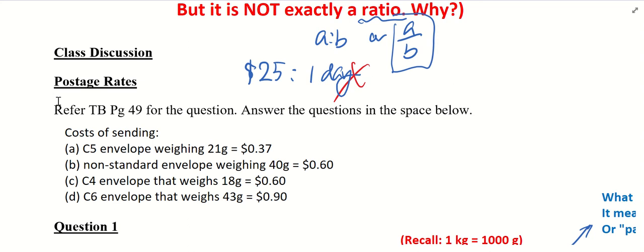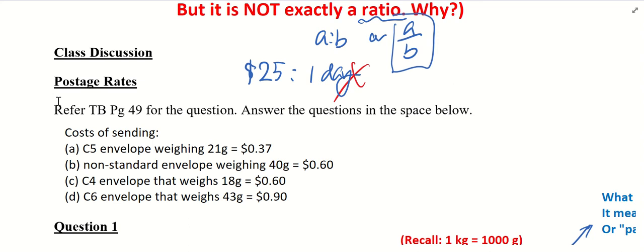Anything above 20 grams, such as 21, 22 grams, we have to look at the next category, which is up to 40 grams. So from 21 all the way up to 40 grams is the second row. So for a C5 envelope weighing 21 grams, we have to look at the 40-gram category. Therefore, the answer is 37 cents.